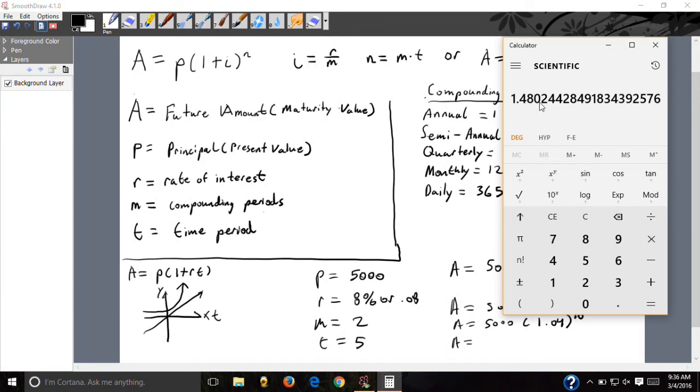Okay, I get this really long decimal. Now, remember in finance, we never ever want to round anything. So I'm going to keep it like this, and I'm going to multiply my 5,000 by this number. So my compound future amount is going to be this value, 7,401 and 22 cents.